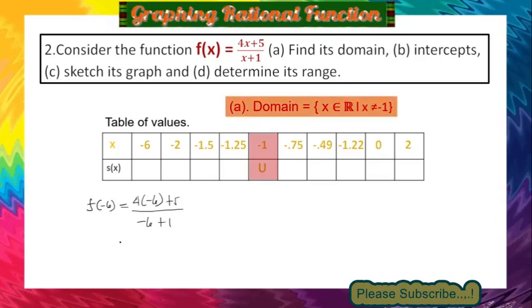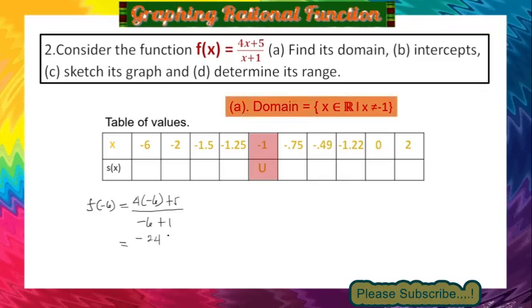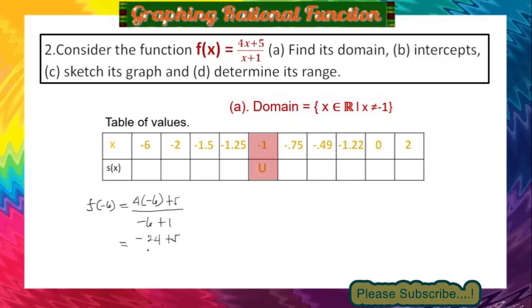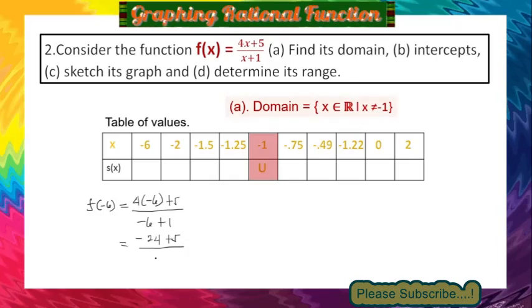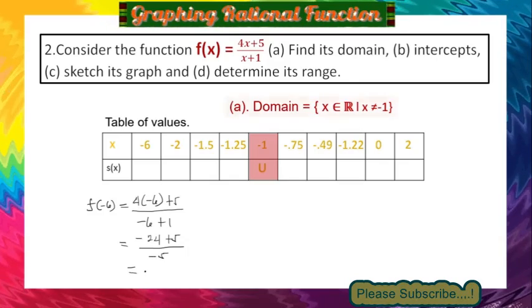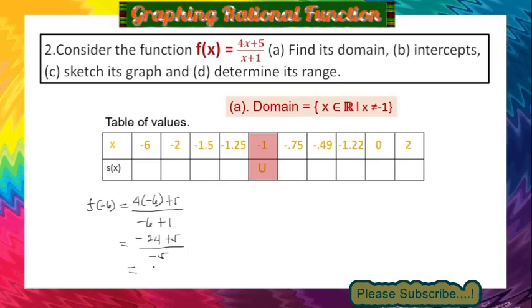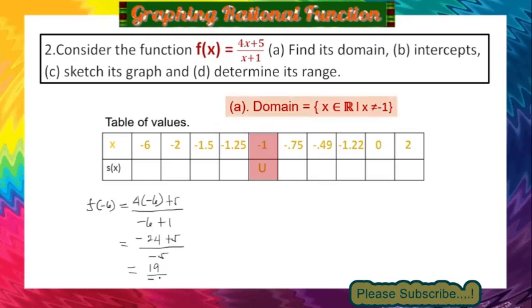So by simplification, we have negative 24 plus 5 all over negative 5. So that is negative 19 over negative 5.